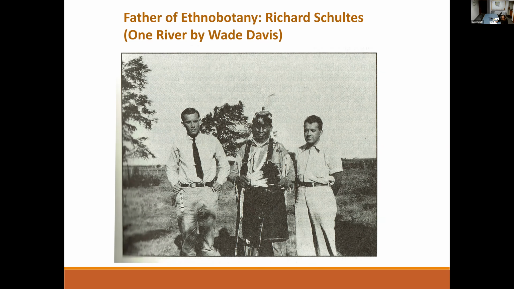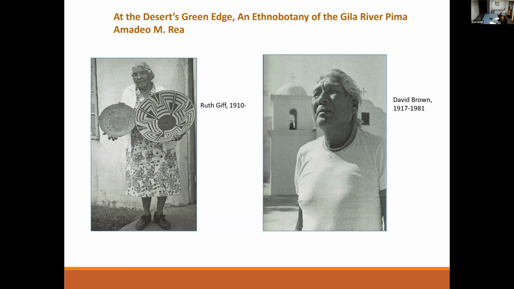Another really well done ethnography is Amadeo Reyes's At the Desert's Green Edge: Ethnobotany of the Gila River Pima. Even though it's more recent, he was doing this in the 1970s through the 90s, he spent more than 20 years establishing trust and relationships with Gila River Pima elders, and he listened to their stories and wrote down their words.